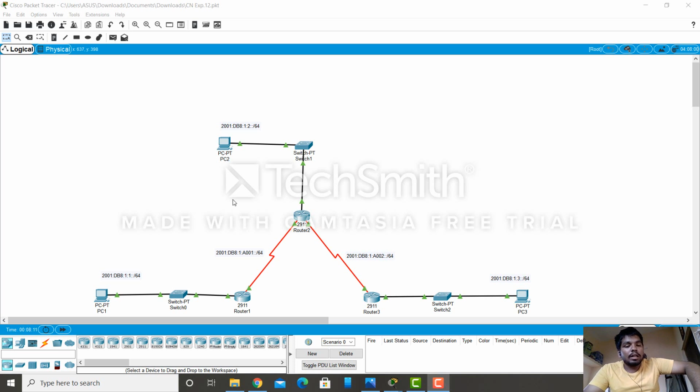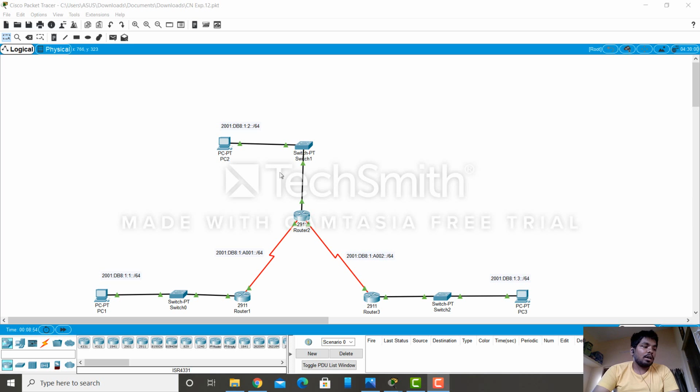Here we have to give the link local address for the local network. I also need to give the default gateway for PC1, and the same for all three PCs, switches and routers. Then the output will be as per the aim of the experiment.